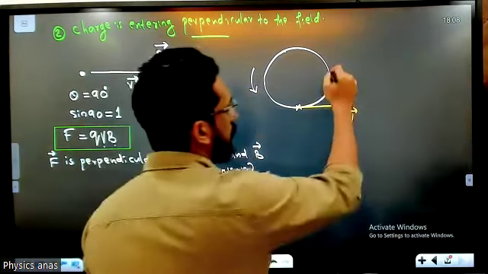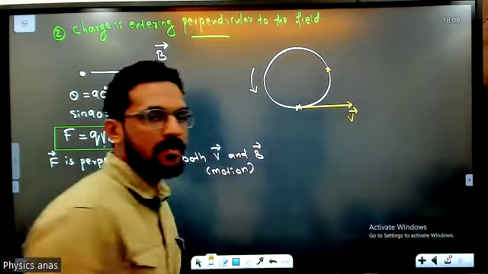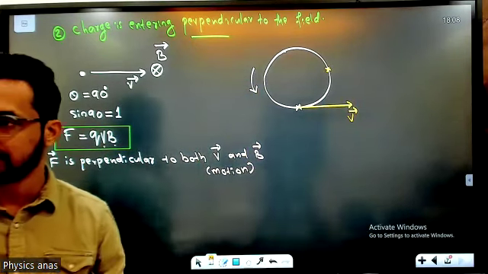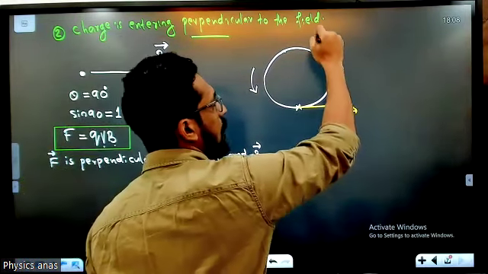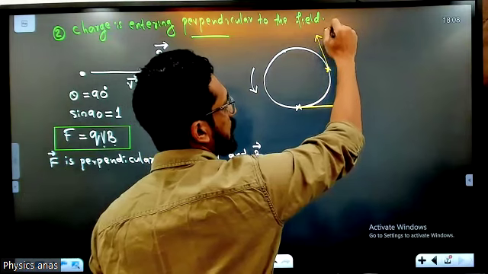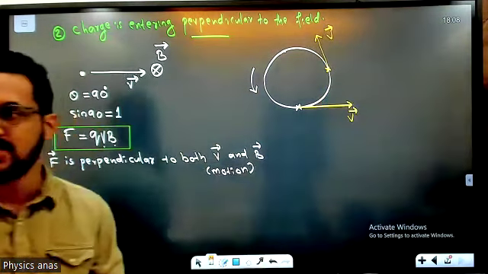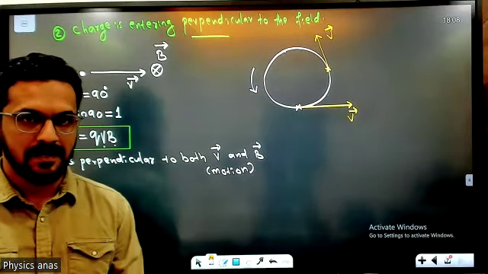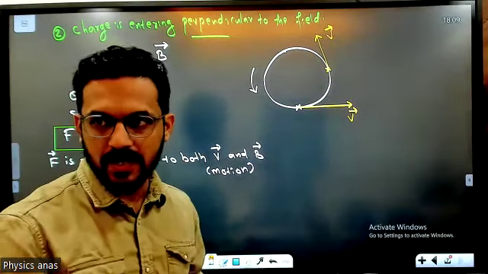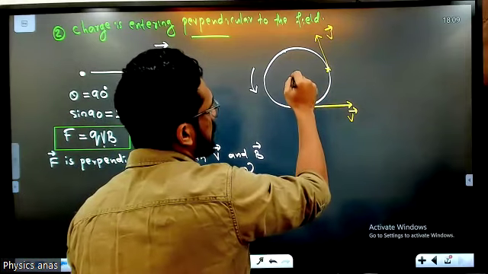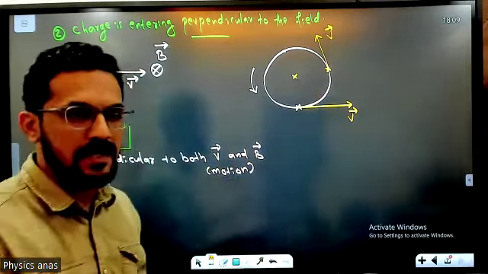If we take another point here, what will be the direction of velocity at that point? The direction of velocity will be along the tangent like this. In both cases, velocity will be along the tangent. Let's draw the center point of the circular path.